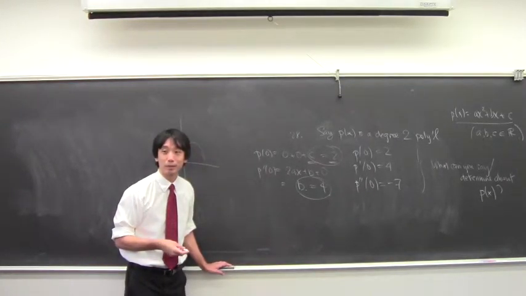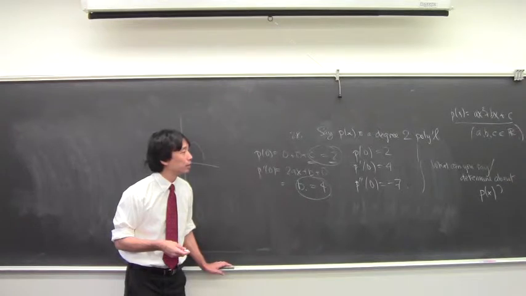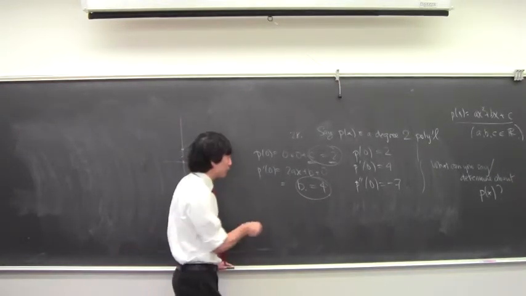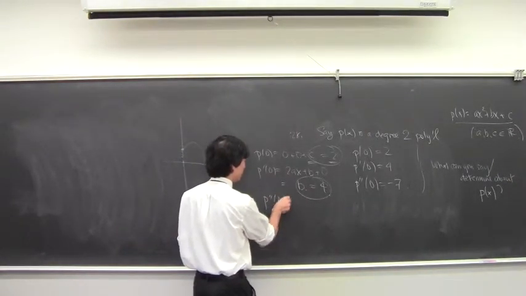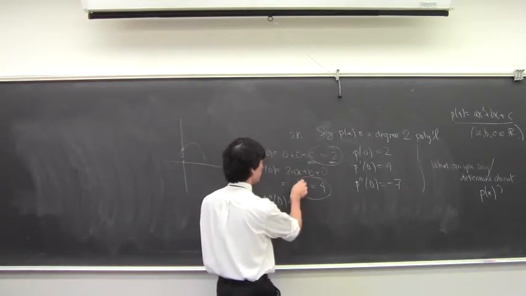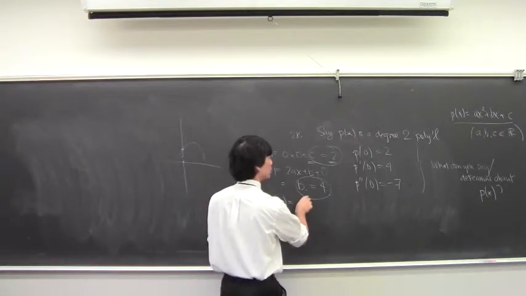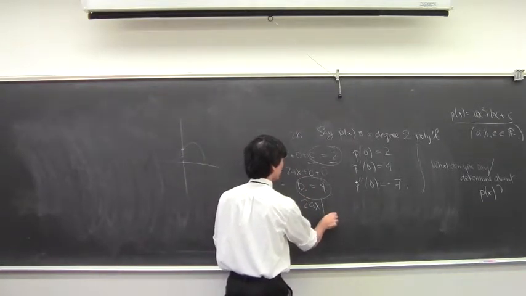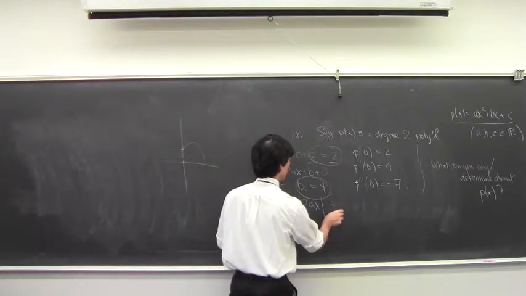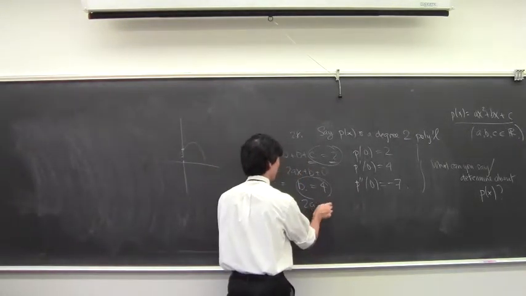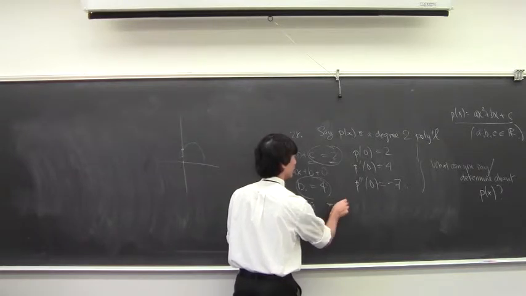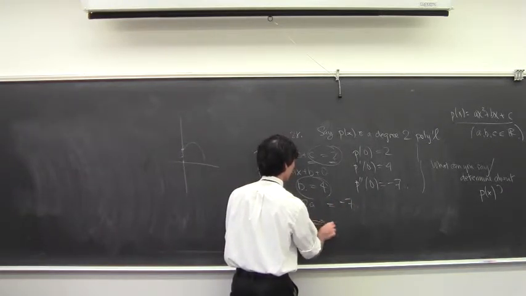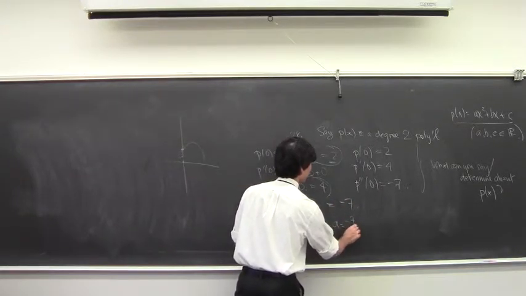P double prime of 0: you get 2a evaluated at x equals 0. So 2a equals -7, and so that tells you that a is -7/2.